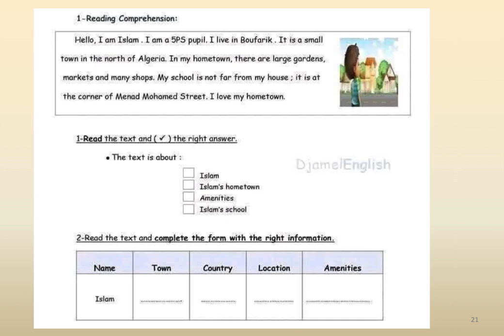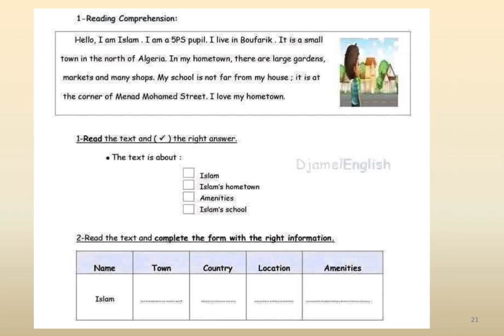This is a practical application from the Algerian primary school context. To see how these pillars manifest in real world practice, let's look at an official example of an Algerian primary school assessment of learning outcomes, known by the teachers as the ALO, where fifth grade or year five pupils are presented with a short reading comprehension text about a character named Islam, his school, and his hometown of Bufarik.